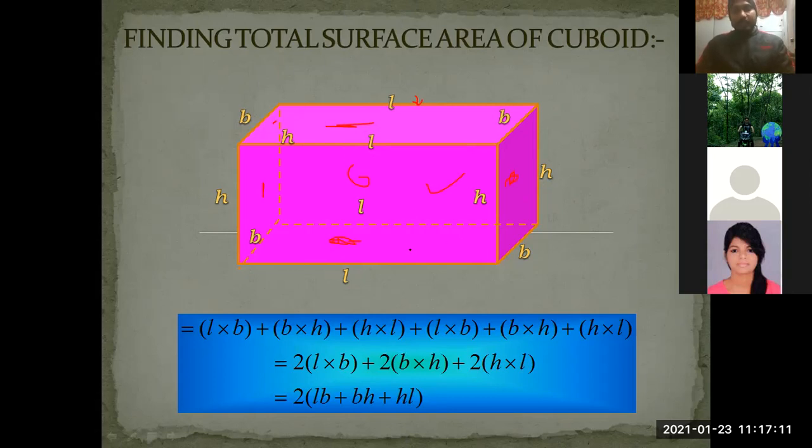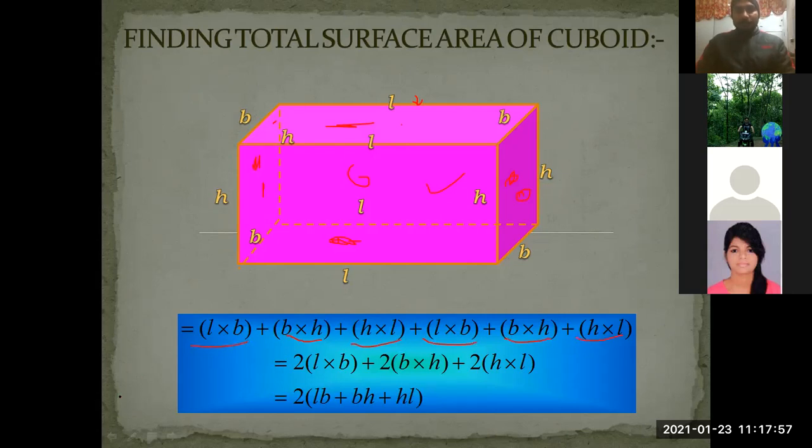In the same way, this wall has the area breadth into height, B into H. This side is H into L, and similarly the opposite wall is H into L. The roof is B into L, and this side is B into H. So we have the common terms LB, BH, HL, again LB, BH, and HL.